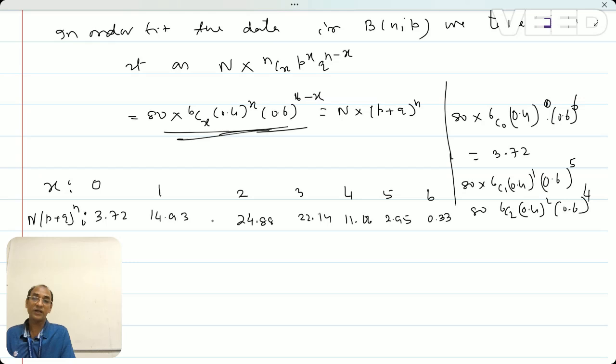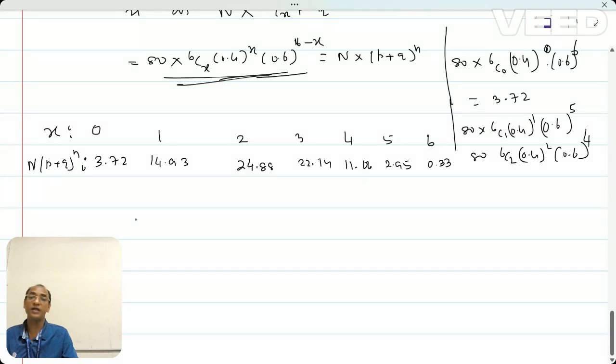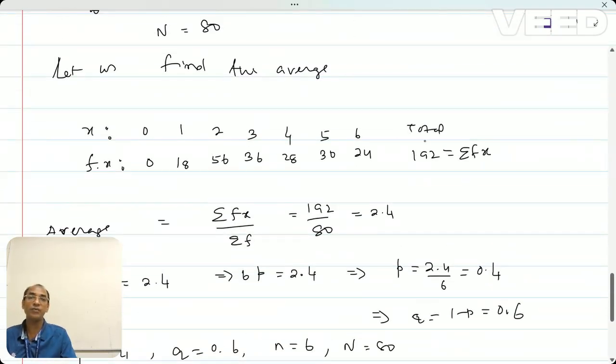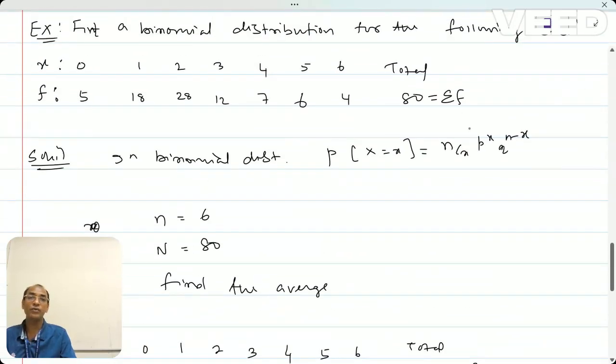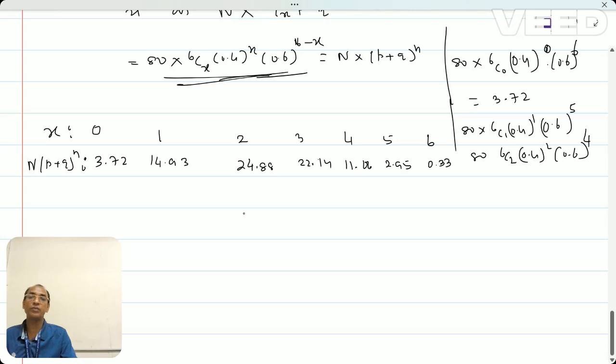But after getting these decimals, you don't leave them here. You have to approximate them in such a way that the sum should be 80, because the total frequency is 80 in the problem. So you have to truncate these values so that the sum will be 80.